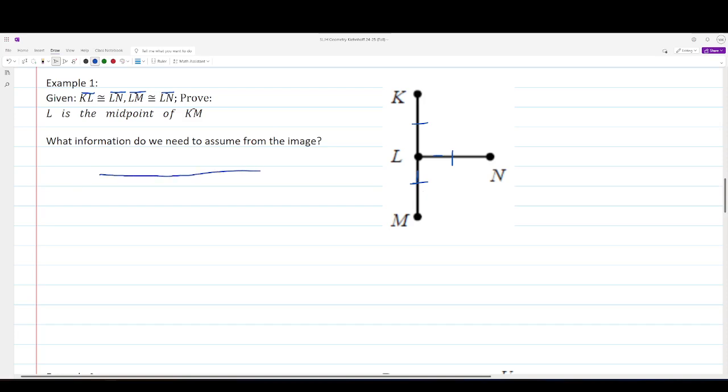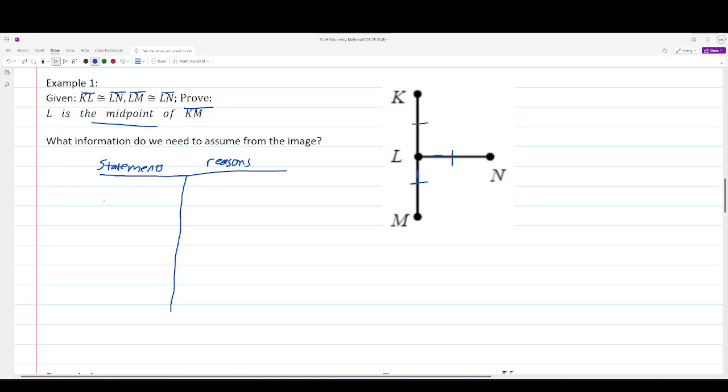So now that we have our drawing marked up, I think hopefully we can clearly see that L is the midpoint of segment KM in our drawing at this point. Now we just need to write the proof to show that it's true. So we have our statements on the left and our reasons on the right. And on the left, our first statement is always the given information.